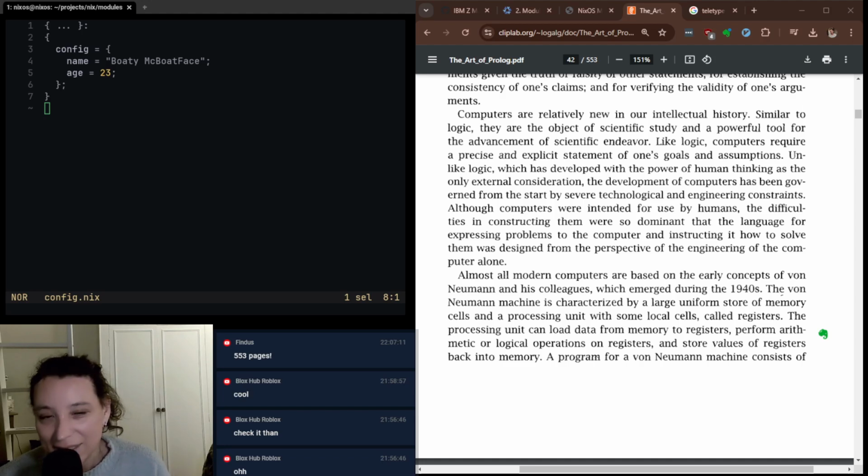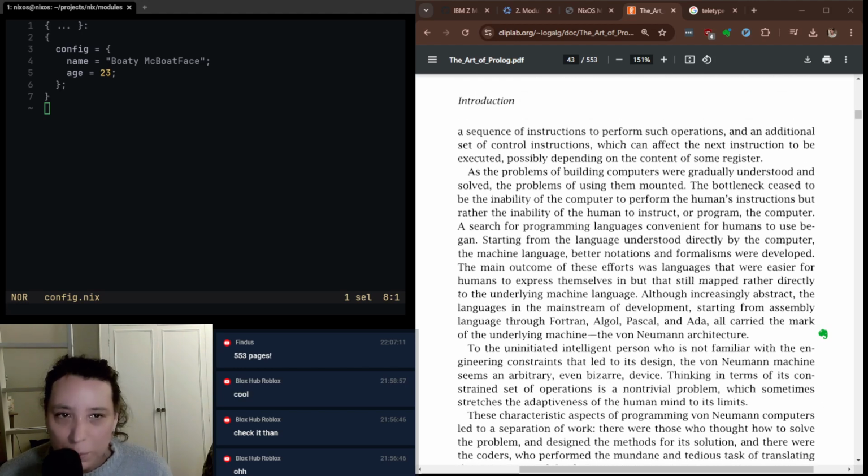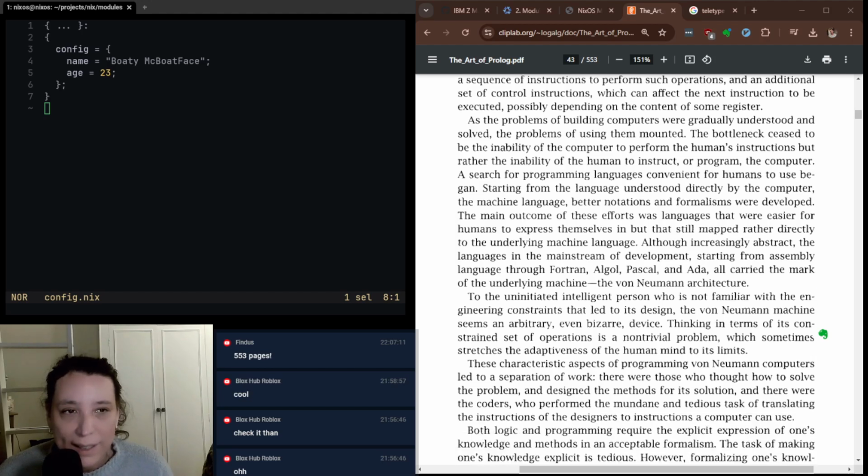This sounds a lot like assembly language, the one we're doing with 6502. A program for a von Neumann machine consists of a sequence of instructions to perform such operations, and an additional set of control instructions which can affect the next instruction to be executed, possibly depending on the content of some register. So like branching, stuff like that.